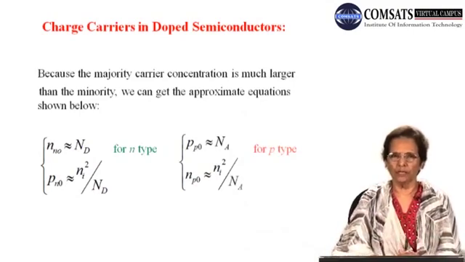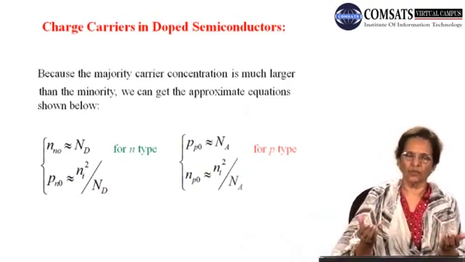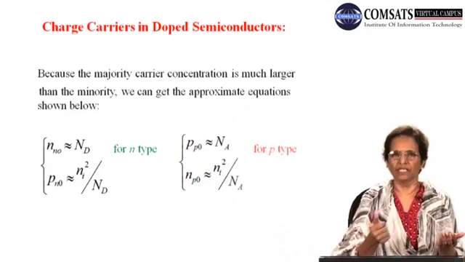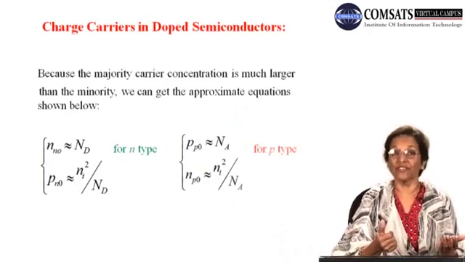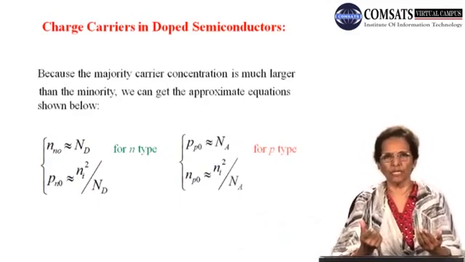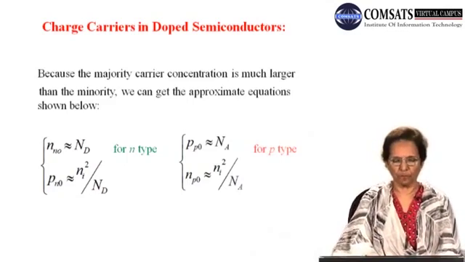So the doping process can give you two different phenomena. It enhances the free carrier concentration in a given material, and it can make the material either electron-majority or hole-majority.